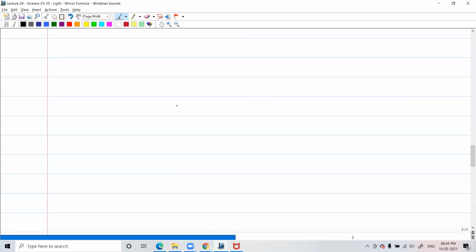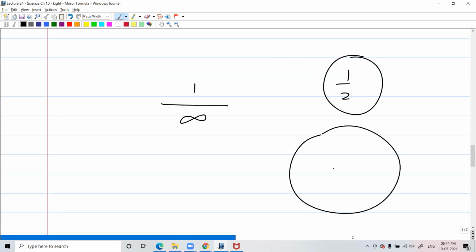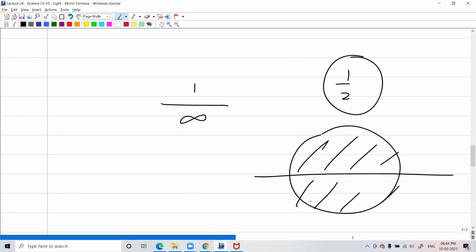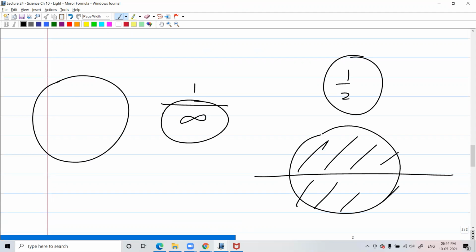See, if we have anything divided by infinity, what does it mean? If I have 1 by 2, what does it mean? There is one pizza, you are dividing it among 2 people. So both of them are getting half and half. Now, if there is one pizza and there are infinite number of people, what would you get? Nothing.